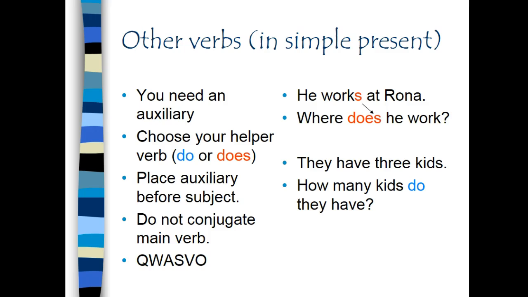So a sentence like, he works at Rona, to make the question I say, where does he work? We see we take the S from works, and it goes on to my auxiliary, and then I do not repeat the S here. They have 3 kids. How many kids do they have? In this case, there is no S on my auxiliary because there is no S on my verb.